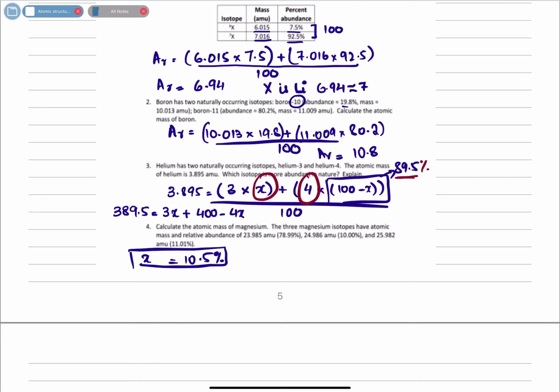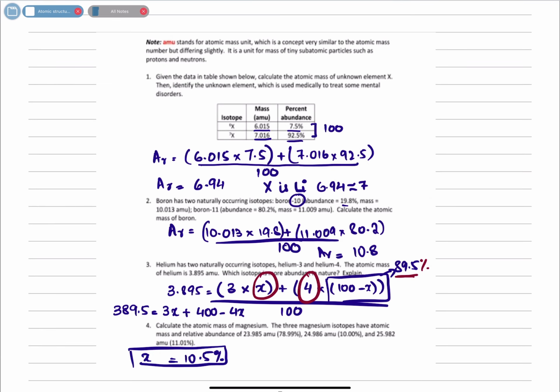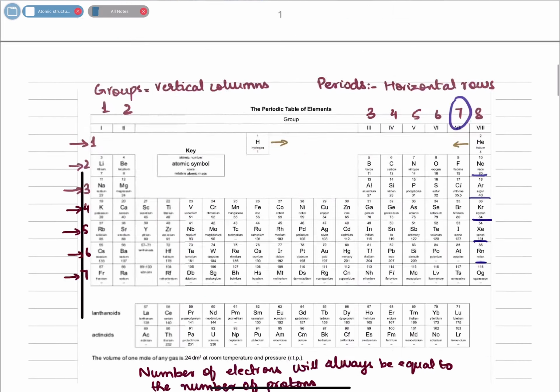Now question number 4 is fairly easy, and you can solve it on your own and find out the answer. So this is how you work out the relative atomic mass of each element by putting the values in this formula. Keep in mind that these relative atomic mass values are given in the periodic table.